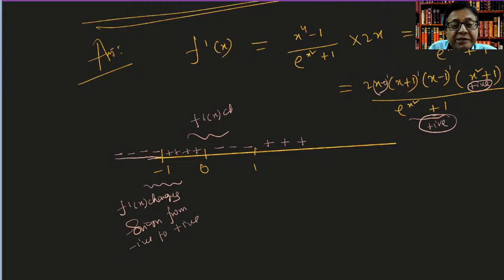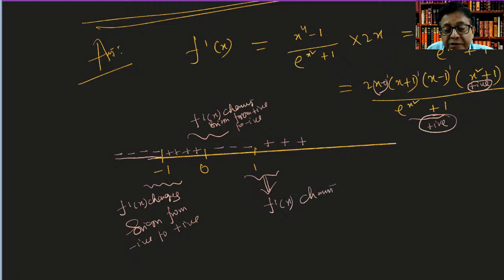If f dash x changes sign from positive to negative, what happens here? If f dash x changes sign from negative to positive. If it changes sign from negative to positive, so minimum occurs.